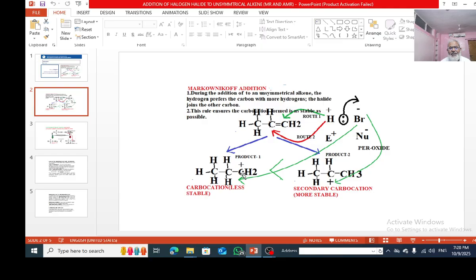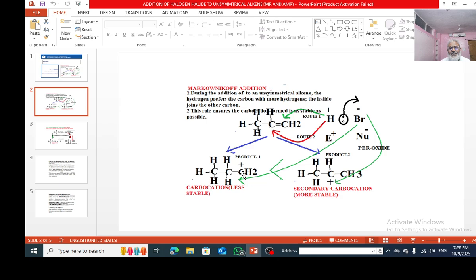Here the carbon is attached to two other carbons from two different sides. This is secondary, that's why this secondary carbocation is more stable, and this product would be preferred.